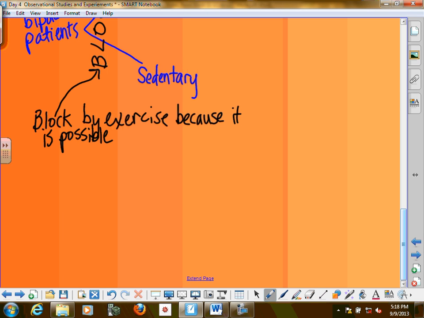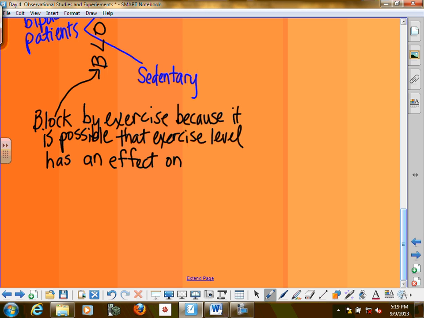So we block by exercise because it is possible that exercise level has an effect on the improvement of the disorder.